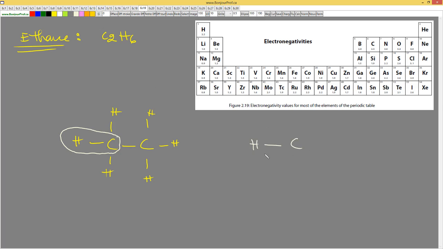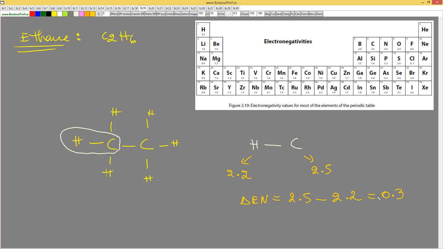How do we check it? First, we go to the electronegativity. What is the electronegativity of hydrogen? 2.2. What is the electronegativity of the carbon? 2.5. What is the delta electronegativity, the difference of electronegativity? It will be 2.5 minus 2.2. It gives me 0.3.